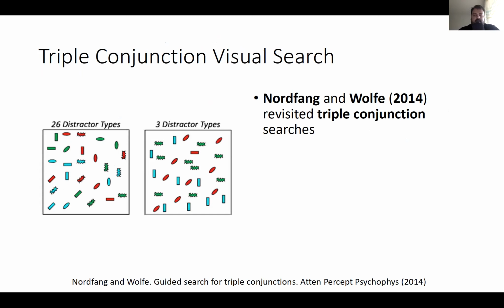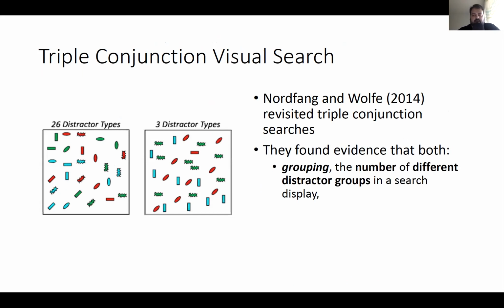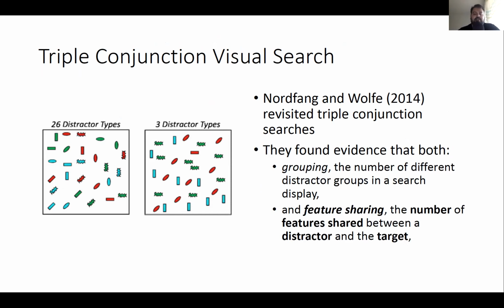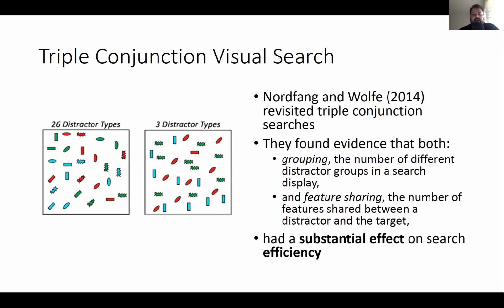Nordfang and Wolfe revisited this triple conjunction search in 2014, and they found evidence that both grouping, the number of different distractor groups in a search display, and feature sharing, the number of features shared between a distractor and a target, had a substantial effect on search efficiency.